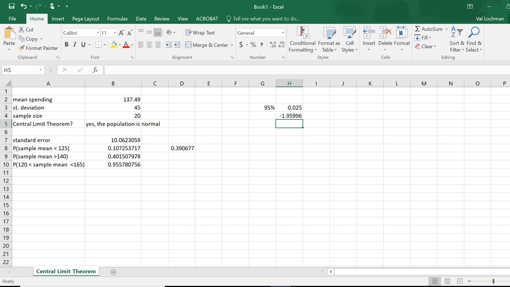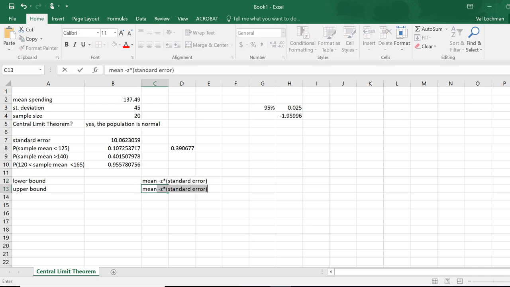So that means what? Our interval that contains the 95% of the data has a lower bound and an upper bound. Okay, and let me write the description here. It's the mean plus the z-value. For the lower bound, it's minus the z-value times the standard error, right? So let me do standard error.